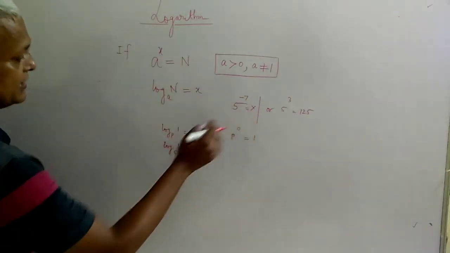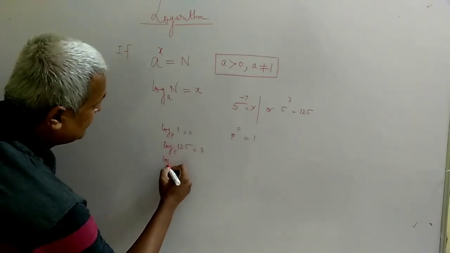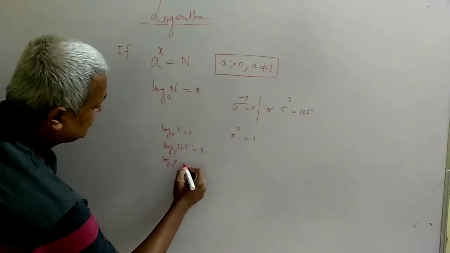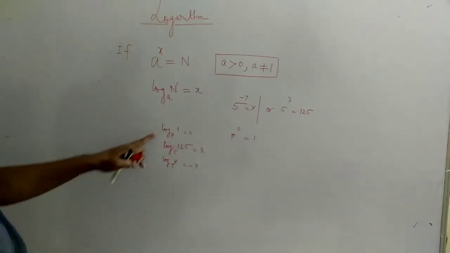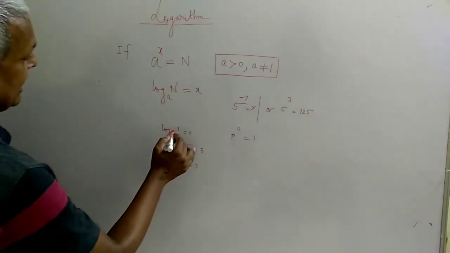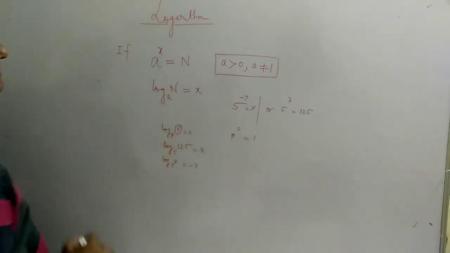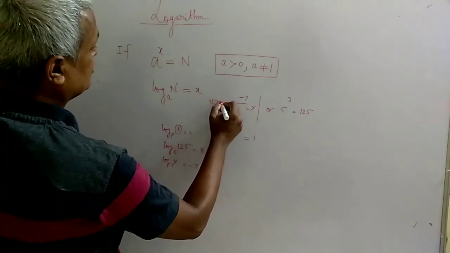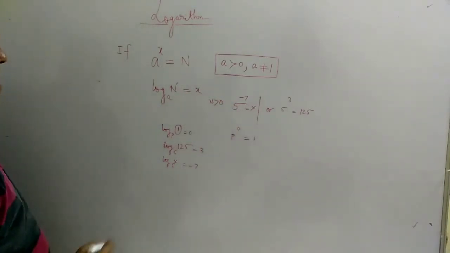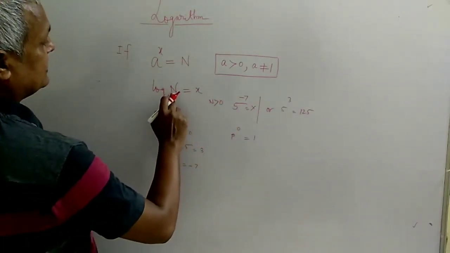I consider this number as x, so I have log x to the base 5 is -7. Now in all these cases you see your argument is also greater than 0. So we can say that n here is also greater than 0.